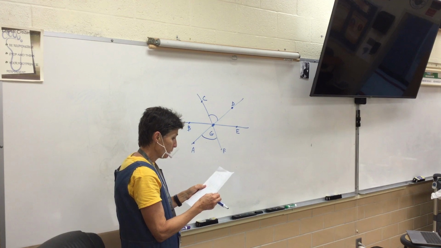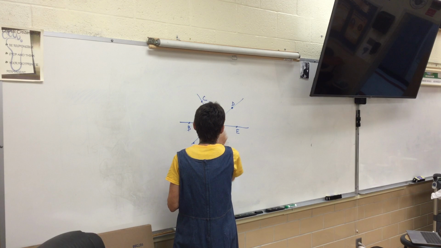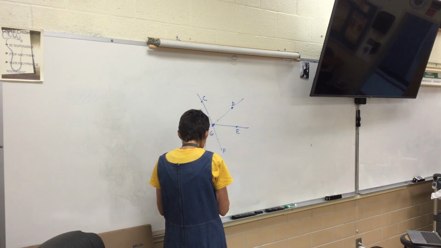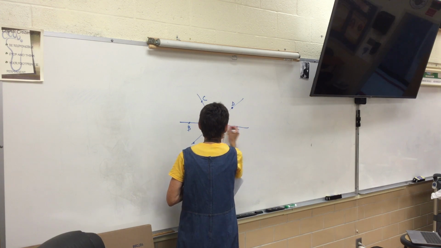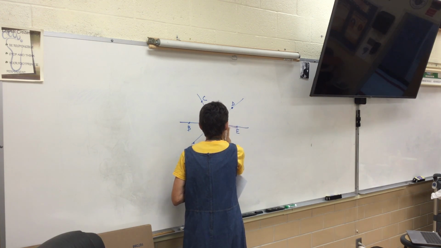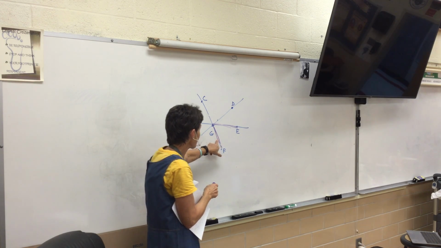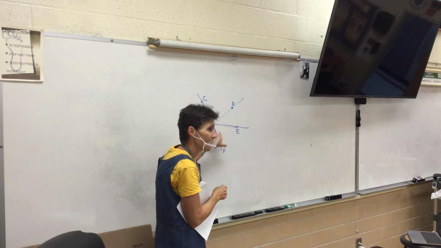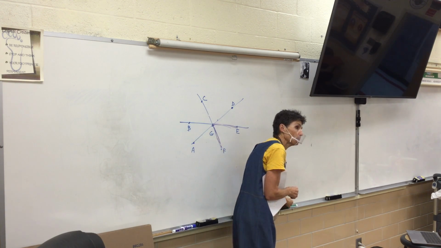All right, now we want one adjacent to EGF. So I'm going to take this out. EGF is my purple one right here. Now you need to pick an angle that has either this side or this side. That would be adjacent. So what would be an angle adjacent to that purple angle?